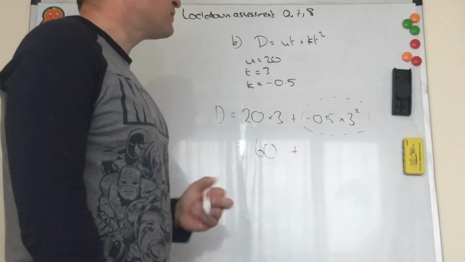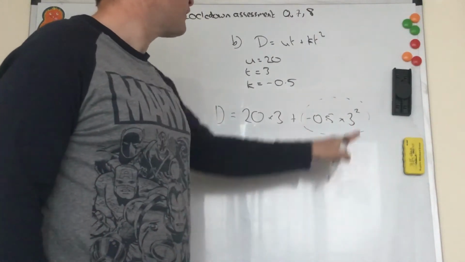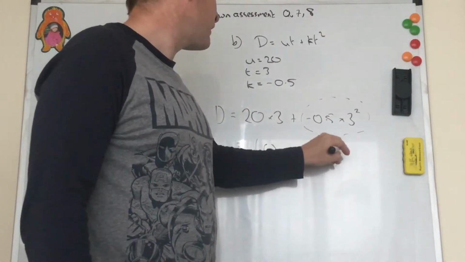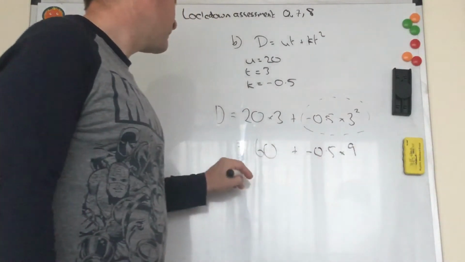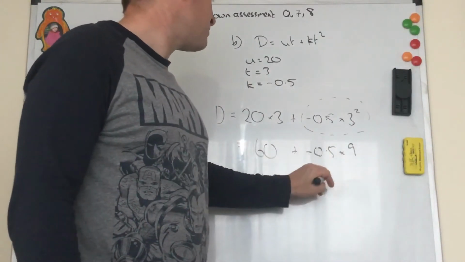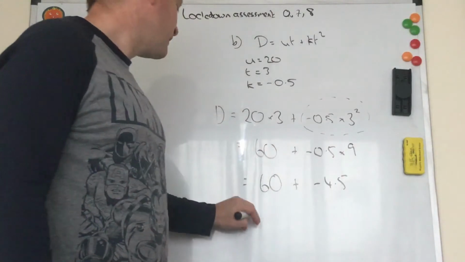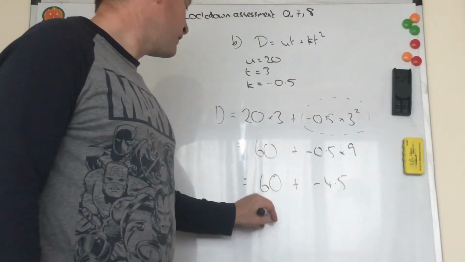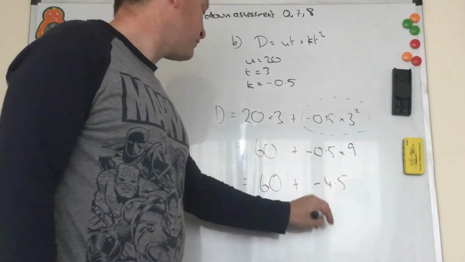Under BODMAS, I'm going in brackets, but I've got other stuff. I've got this index here, 3 squared. That comes first. So minus 0.5 times 9. So 60 plus, and then minus 0.5 times 9 is minus 4.5. And 60 plus minus 4.5 would be 60 take away 4.5, which is 55.5.